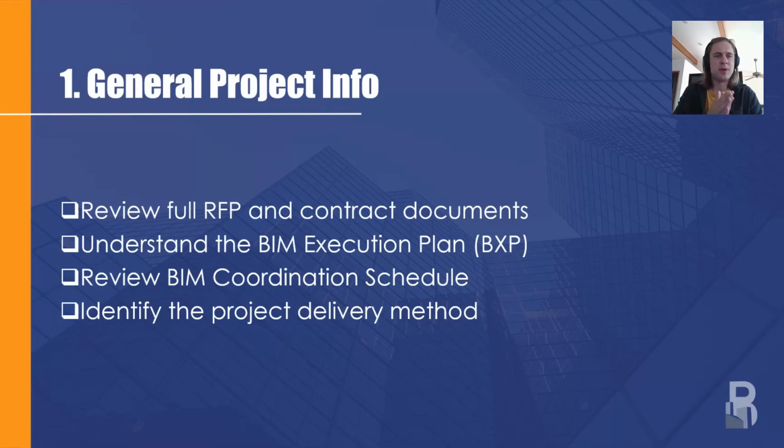So really what we're focusing on with this BIM execution plan at this stage is model requirements and schedule as well. We'll get into schedule in a little bit, but understanding those modeling requirements intricately and how the general contractor plans on using those is really important.